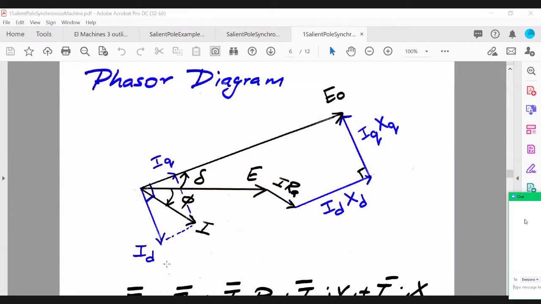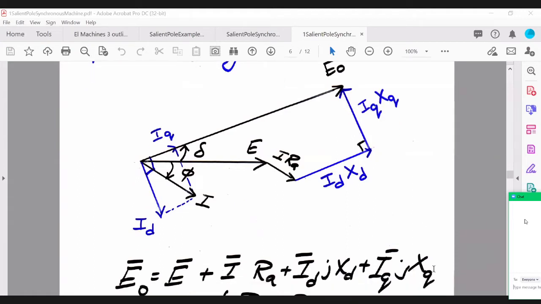Just to remind you, IDXD is perpendicular to ID, the phasor current, because of the j operator in the reactance, which rotates the phasor by 90 degrees. That makes IDXD parallel to E naught, which is parallel to IQ. When you multiply IQ with jXQ, it rotates the phasor again by 90 degrees, so IQXQ is parallel to XD.